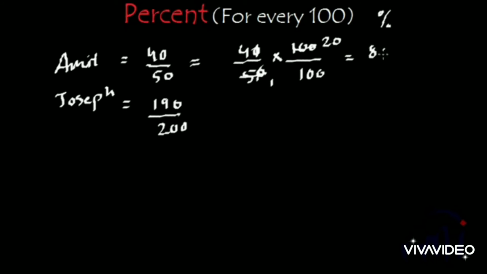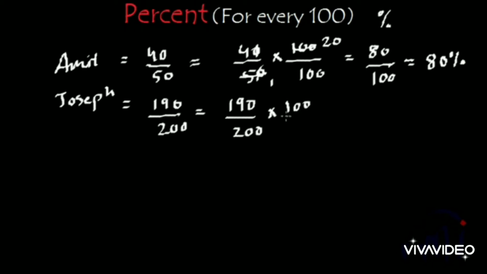After solving, Amit has got 80% marks, or we can write 80 upon 100. Clear? And what about Joseph? We will also convert Joseph's marks into a percentage so that we can get how much percent of marks he is getting.